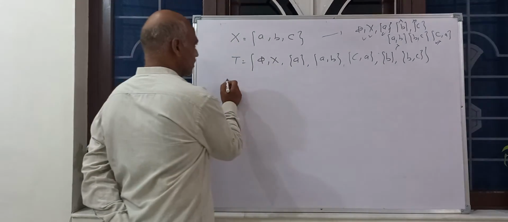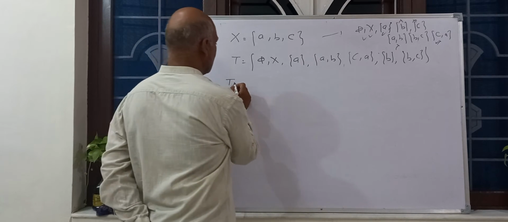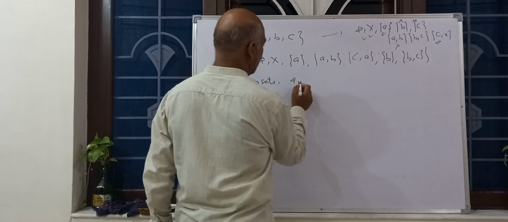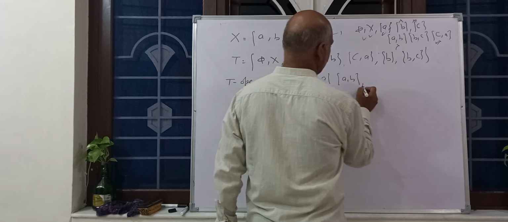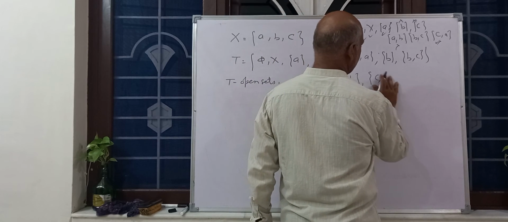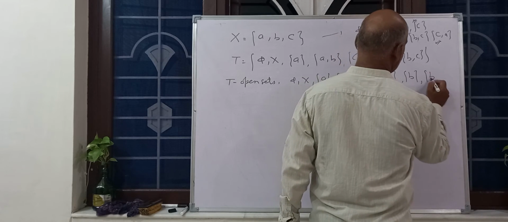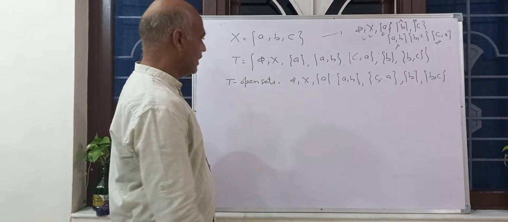T open sets are phi, X, A, AB, CA, B, BC. These are T open sets.